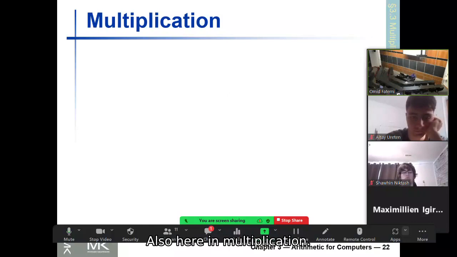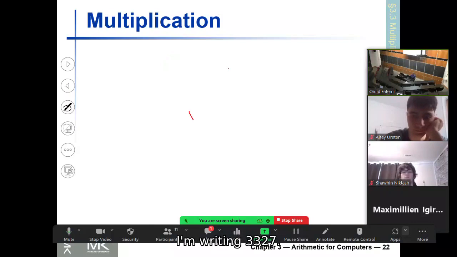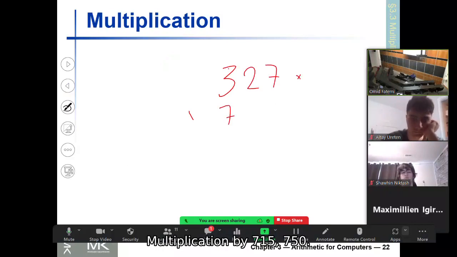So here in multiplication, let's do something in decimal. I am writing 327 multiplied by 715.